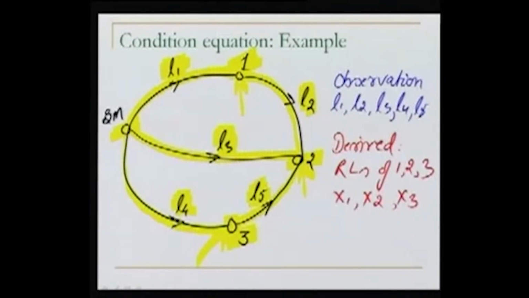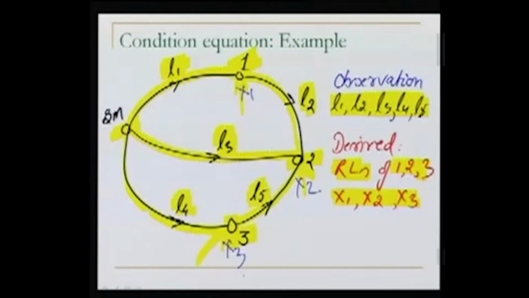So what all observations have we carried out? We have carried out L1, L2, L3, L4 and L5. These are differences in elevations, while the desired are relative elevations, RLs of points 1, 2, 3. Let us write them as x1, x2 and x3. So the RLs of these points are x1, x2 and x3.